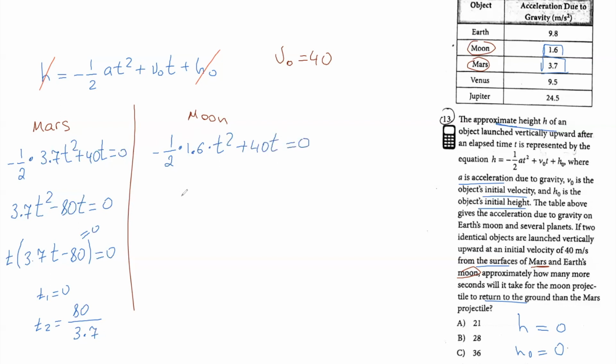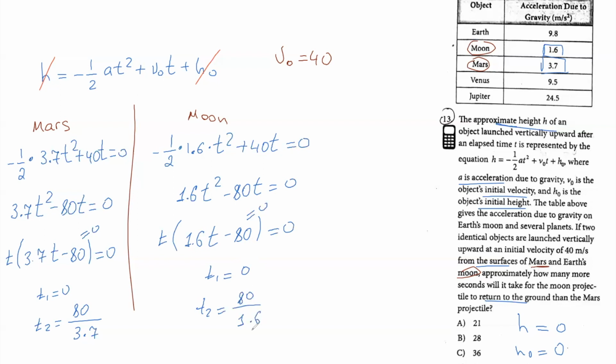Let's multiply both sides by minus 2 once again. 1.6 t squared minus 80t is equal to 0. We take t out, it's like t times (1.6t minus 80) is equal to 0. So again, one root is 0, another one is, if you equalize it to 0, you get 80 divided by 1.6.